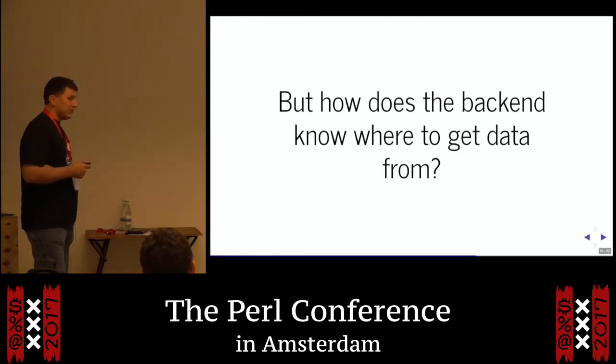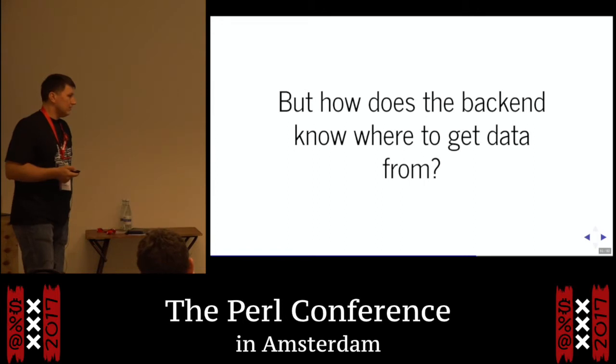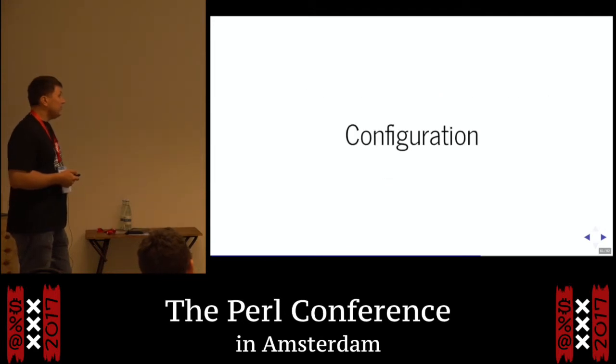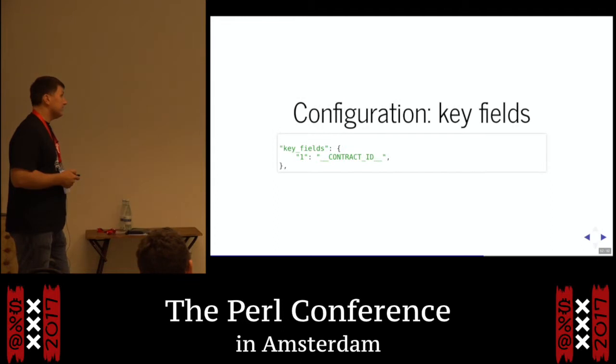So when we have this code, we need to complete only one thing: get the actual data. To do that, we need to provide some configuration. And I decided that such configuration will be in JSON format. We essentially configure key fields.